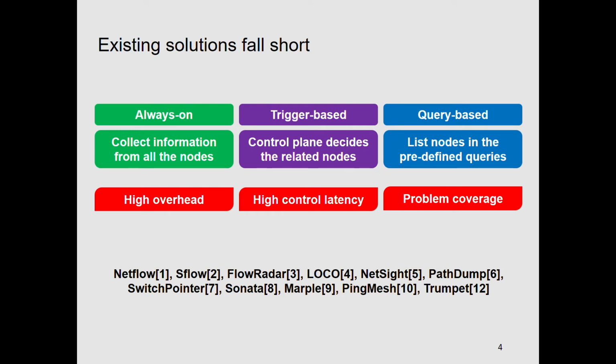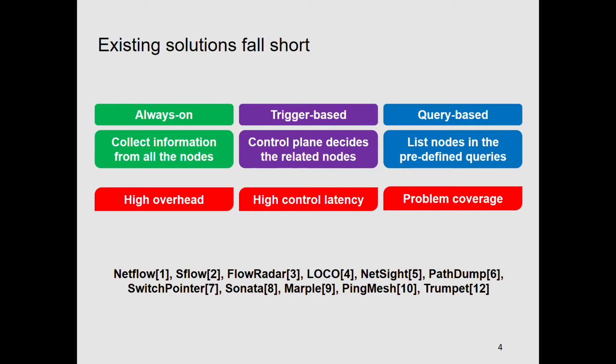There are many performance-oriented diagnostic systems, and we can group them into three different kinds. The first one is always-on systems. Those systems collect information all the time from all the nodes, and use that information later on for debugging, which will introduce high storage overhead and make the system hard to scale.